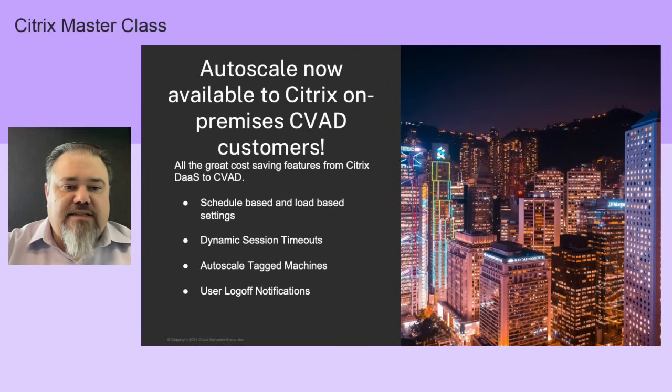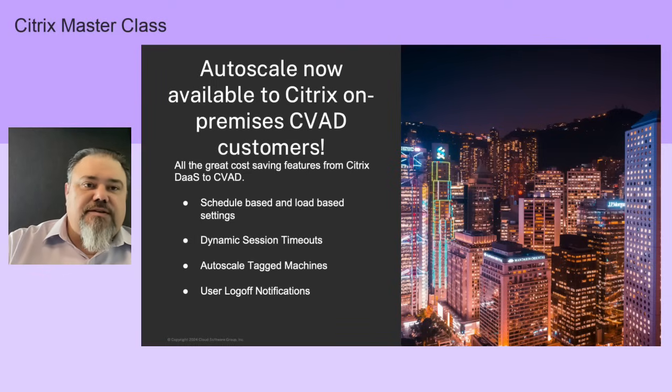We have schedule-based and load-based settings. We do dynamic session timeouts. We even have ways to tag machines to have separate timeouts for those. So it's a very robust tool. Between 50 to 70% of our users, depending on the situation and use case, have autoscale turned on in DaaS today. So this is going to be a huge benefit for administrators.